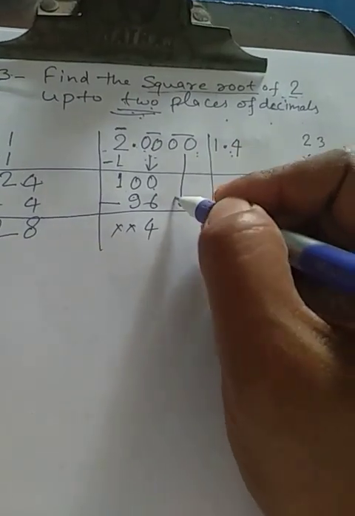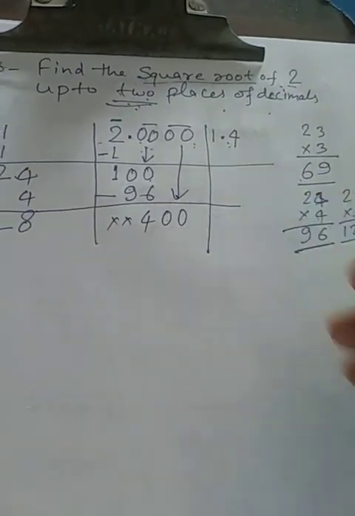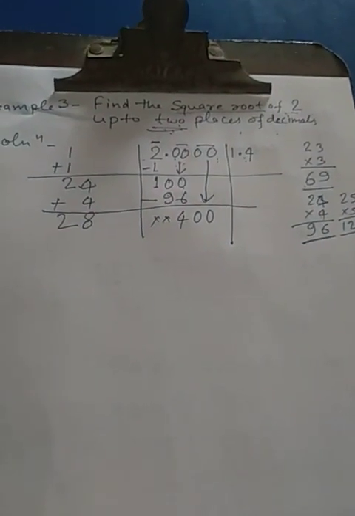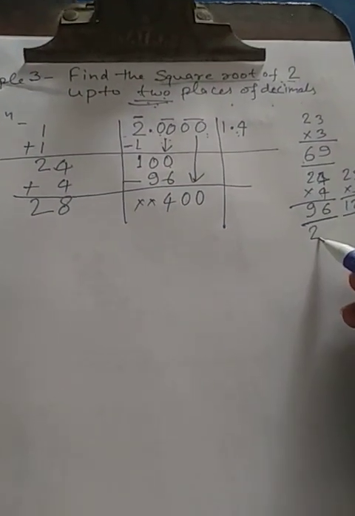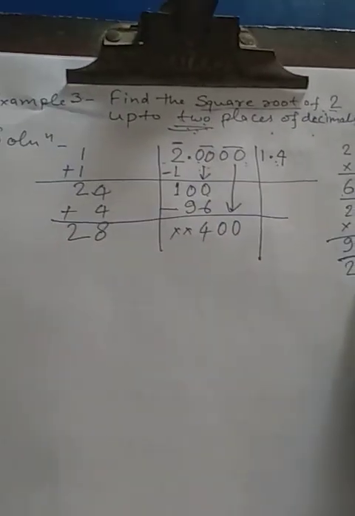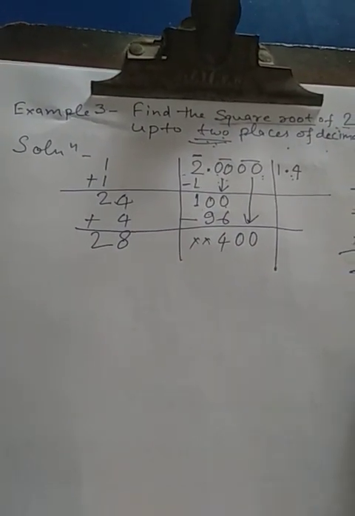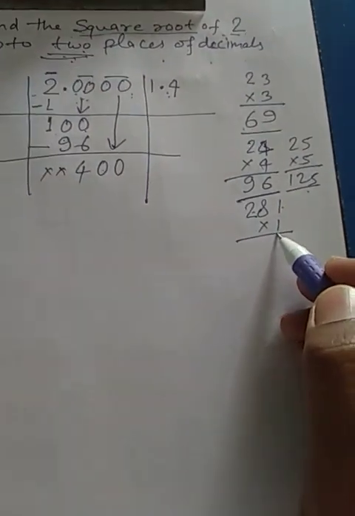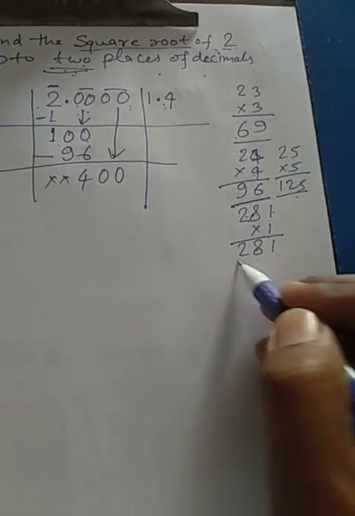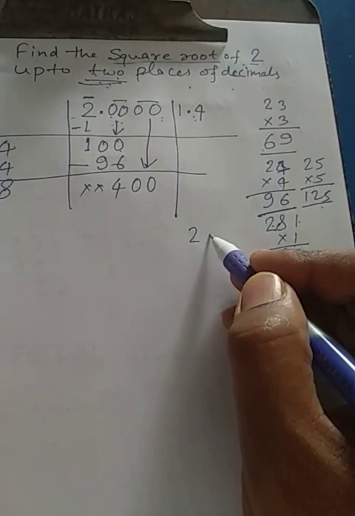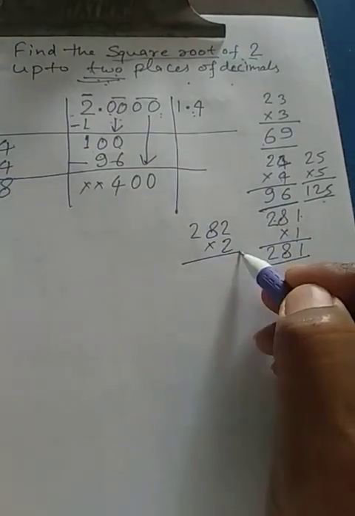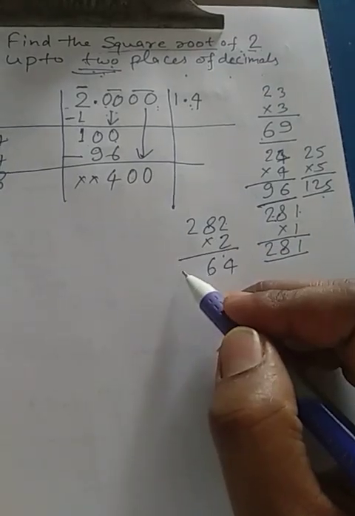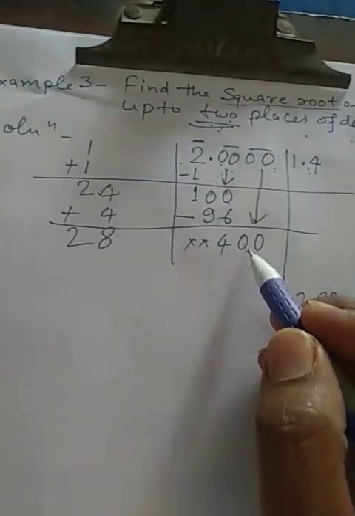Now here we have to put 0. Now to find 400 or less than 400, we have to put some number like 281, then it will be 281. And if we put here 282, then we will get 2 times 2 is 4, 2 times 8 is 16, 6, 1 carry, 2 times 2 is 4, 1, 5, which is more than 400.